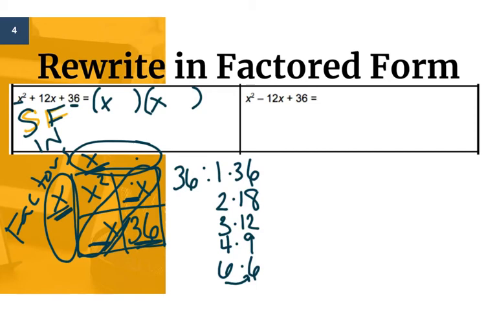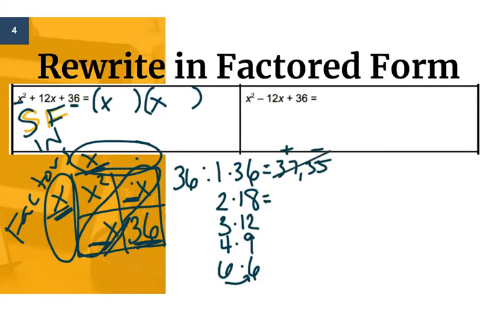So let me look at these. 1 plus 36 is 37. And if I subtract them, I would get 35. So 37 or 35, right? If I subtract them versus if I add, neither of those give me 12.